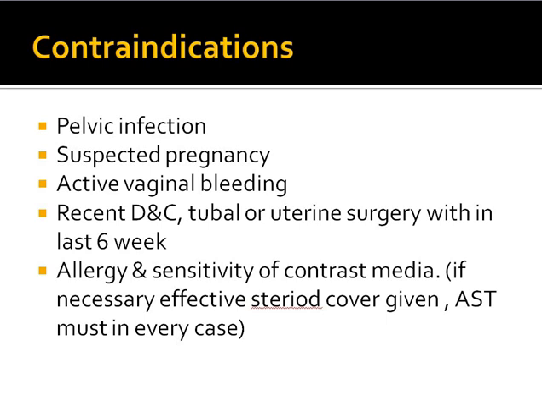Then next is in the cases of active vaginal bleeding. If there is any vaginal bleeding coming from the uterus, then of course that will obstruct this investigation. So in these cases also it is contraindicated. Next is if any recent operation has been done on the uterus or fallopian tubes, that means D&C or any kind of uterine surgery such as removal of fibroids, then we won't do the HSG for at least 6 weeks.